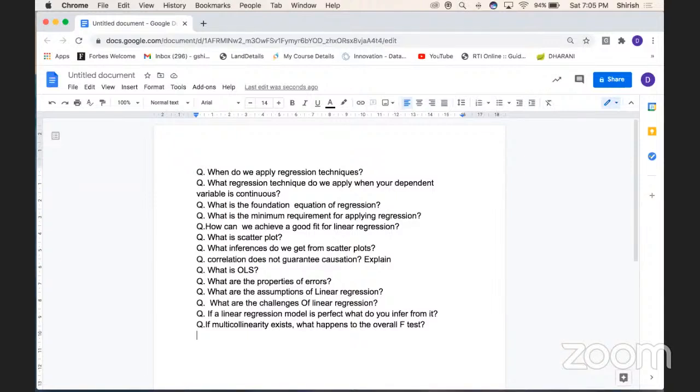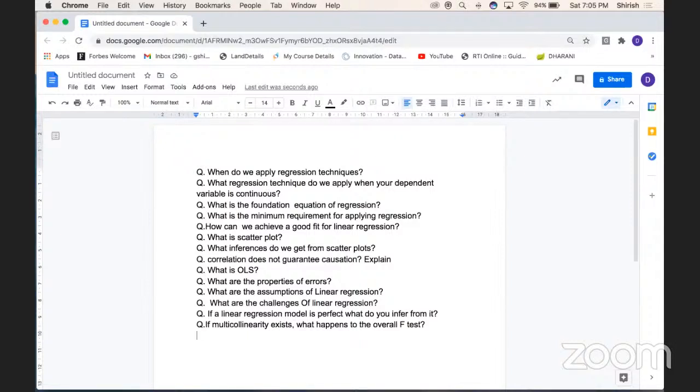but the hypothesis test of individual coefficients is not valid. It's not an assumption, it is not valid. That's it. The F test is valid. But if you have a multicollinearity problem, the hypothesis test of all the individual coefficients is not valid.